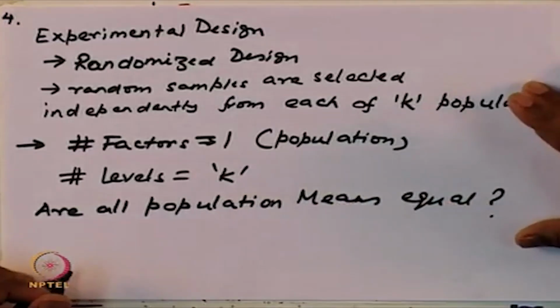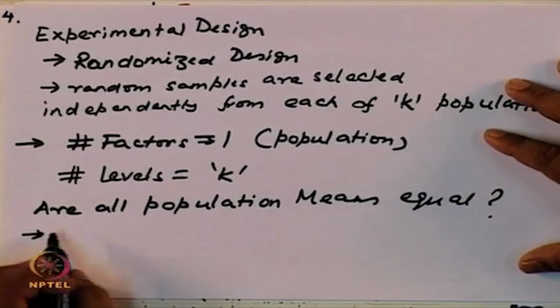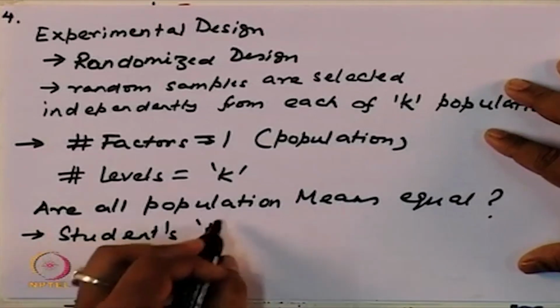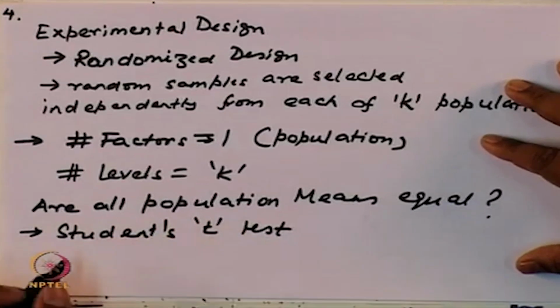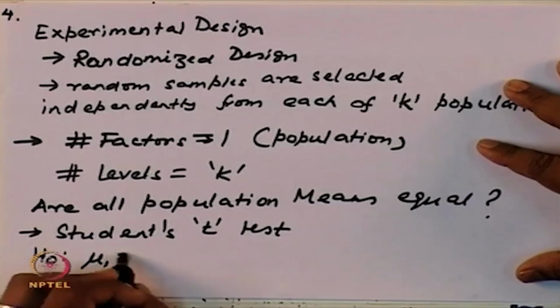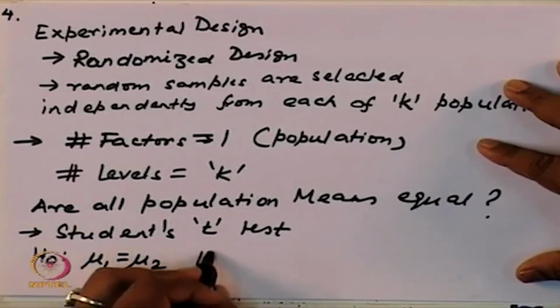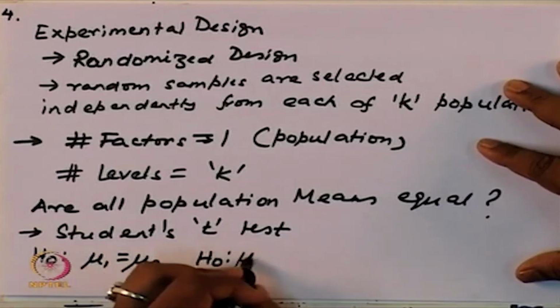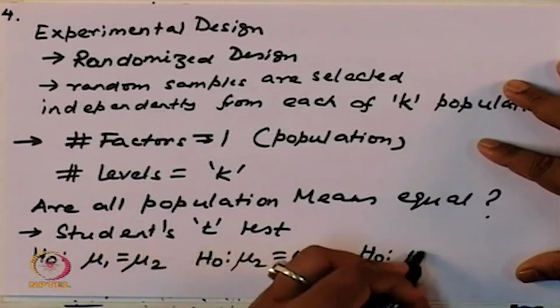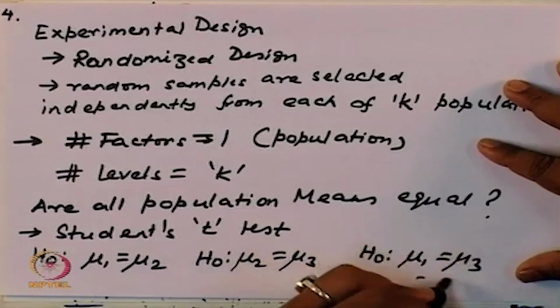It is possible to do the student's t test, but then you will have to test various hypotheses. You have, let us say, H naught: mu 1 equal to mu 2, another test of hypothesis mu 2 equal to mu 3, H naught: mu 1 equal to mu 3, and so on and so forth.